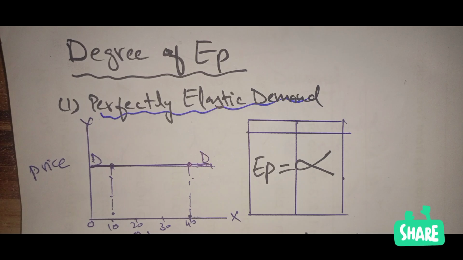In case of some products, a small change in price leads to a relatively larger change in quantity demanded. For example, a decline of 1% in price leads to 8% increase in the quantity demanded of a commodity. In such a case, the demand is said to be elastic.